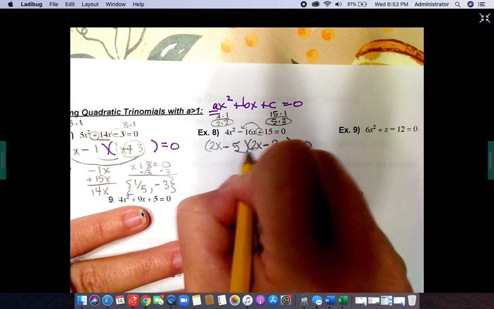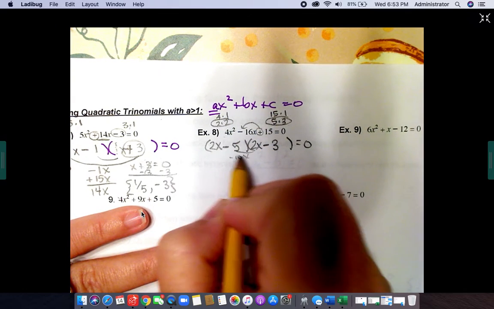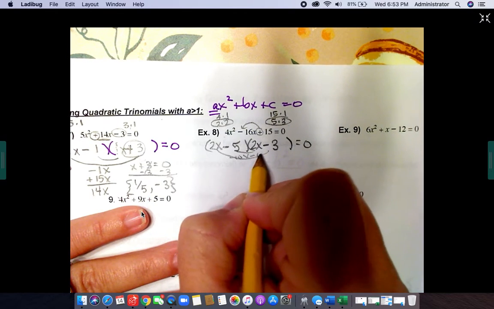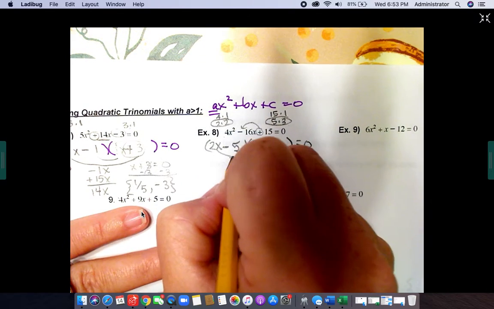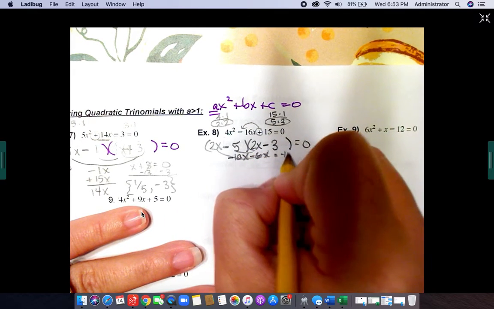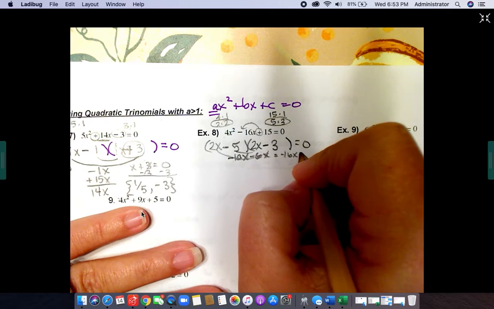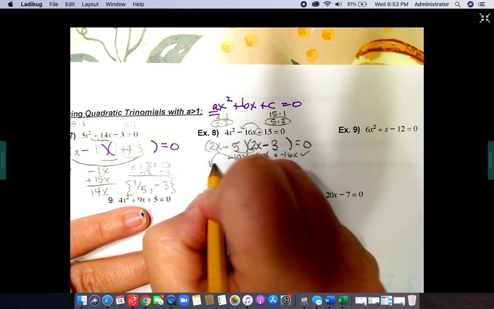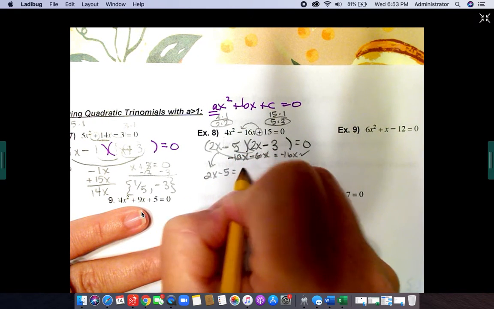So now let's check, that's negative 10x and negative 6x, and negative 10x minus 6x is negative 16x, so I know I'm factored correctly. But now my job is to set my factors equal to 0 and solve.